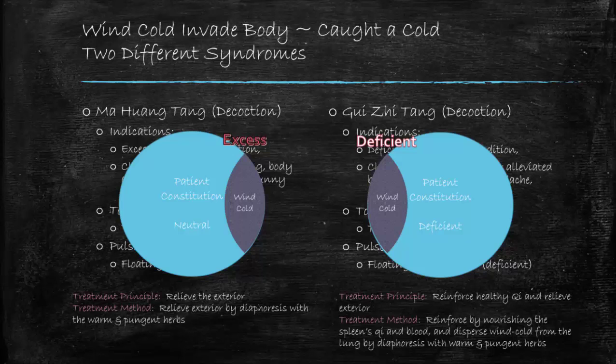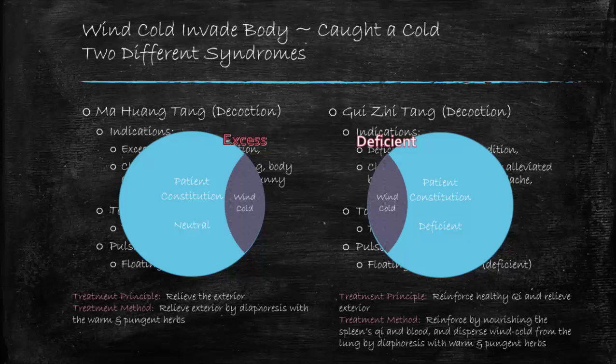The invading pathogenic factor could be external or internal. It varies from wind cold, wind heat, summer heat, dampness, wind cold dampness, wind cold dryness. So it varies quite a bit.